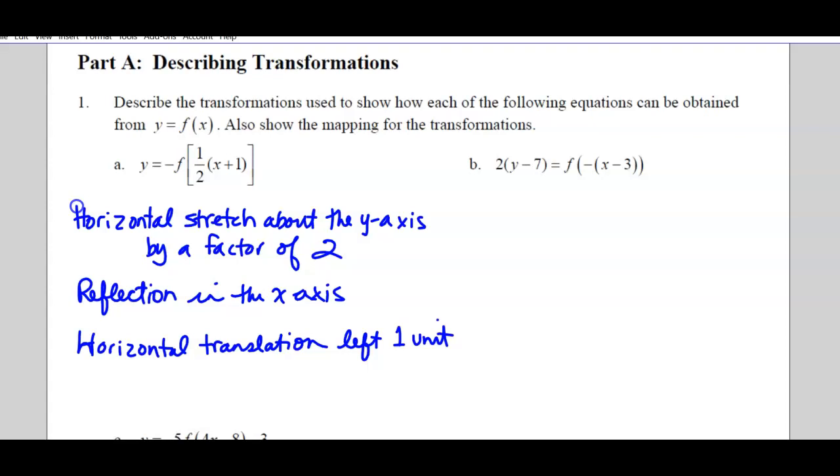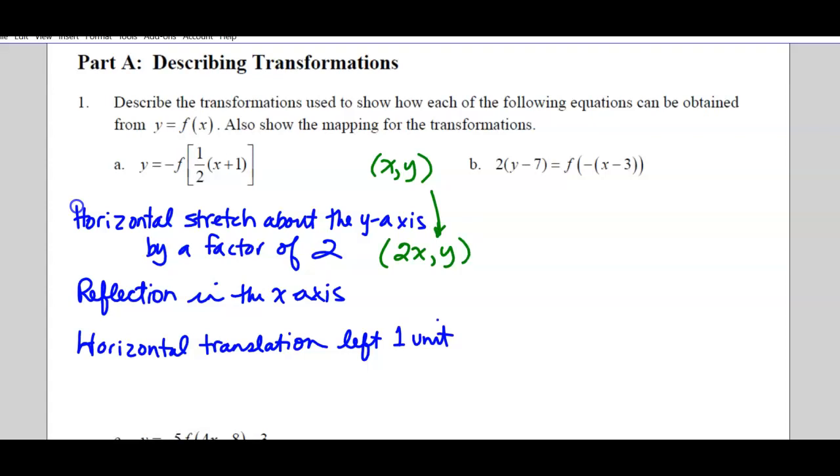Now, in terms of mapping, you can go right to the mapping form if you wanted to follow the steps. I wrote kind of big here, but your original is (x, y). If you're doing a horizontal stretch about the y-axis by a factor of 2, then that would be (2x, y). Right, so you go from there to there.